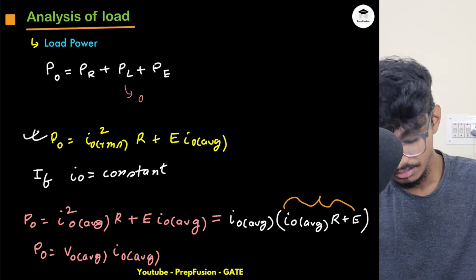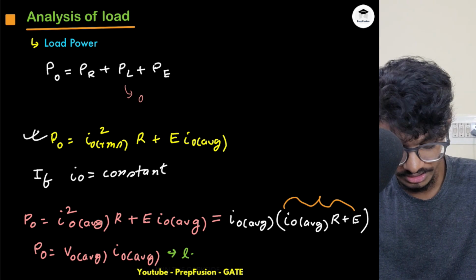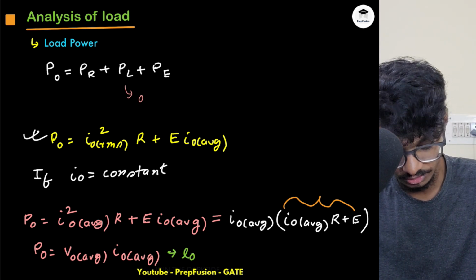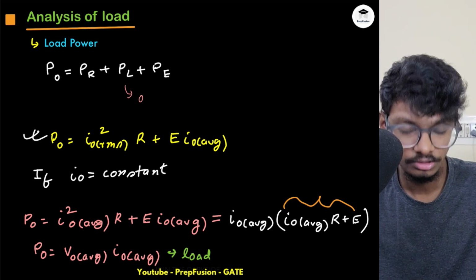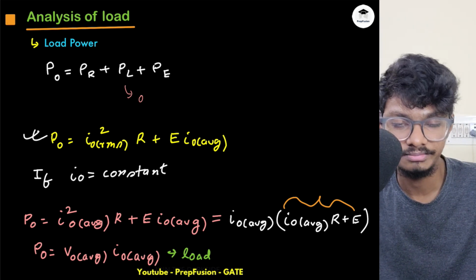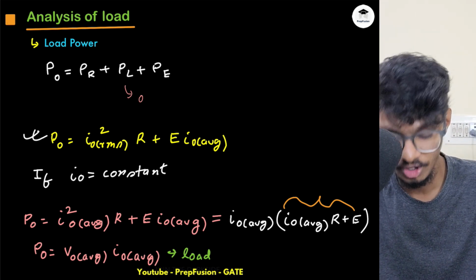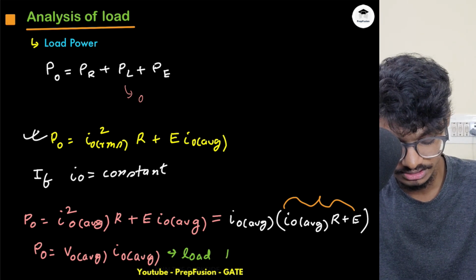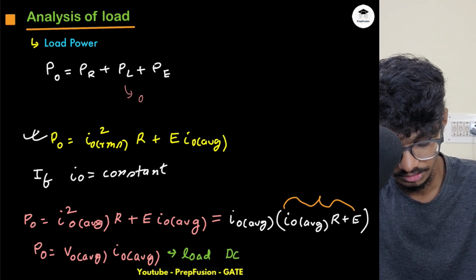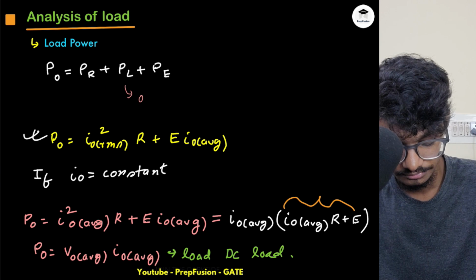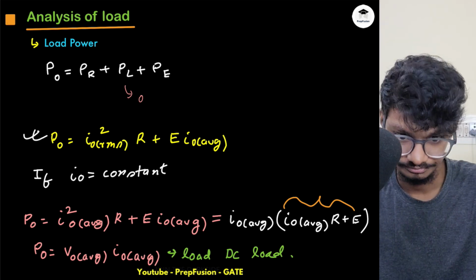What this means is that my load is DC, because I derived it that whenever your output power comes as an expression like this, VO average into IO average, then my load is purely DC, because the current is constant.